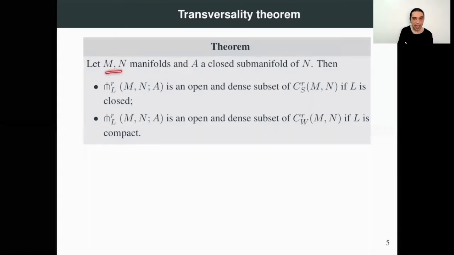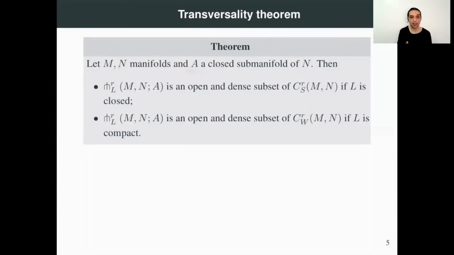Let M and N be manifolds, for instance, infinity manifolds, and let A be a closed submanifold of N. Then the set of CR maps that are transverse to A along L is an open and dense subset of the space of CR maps for the strong topology if L is closed, and the same set is an open and dense subset of the space of CR maps with the weak topology if L is compact.